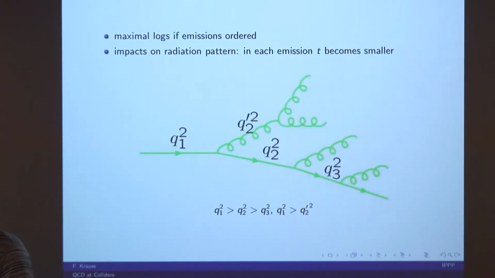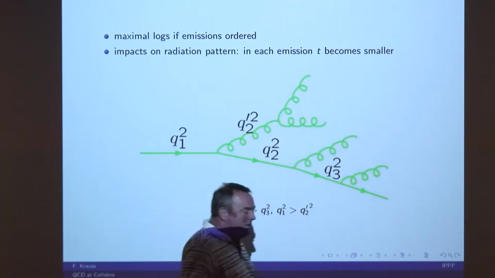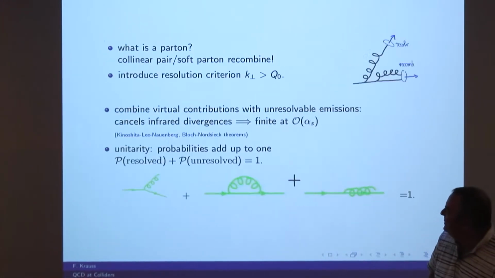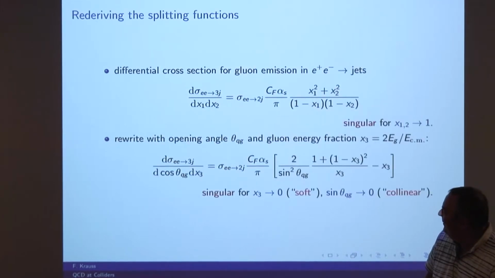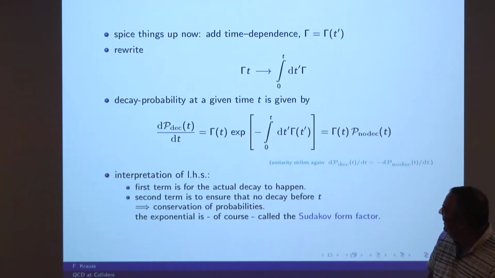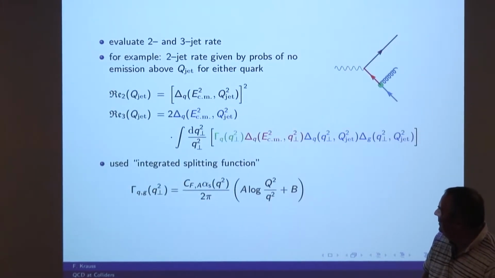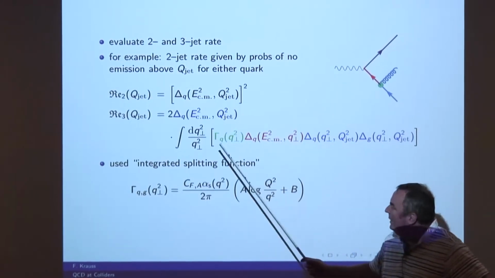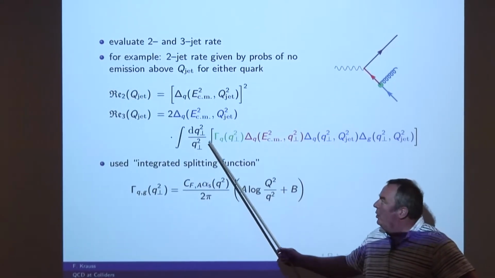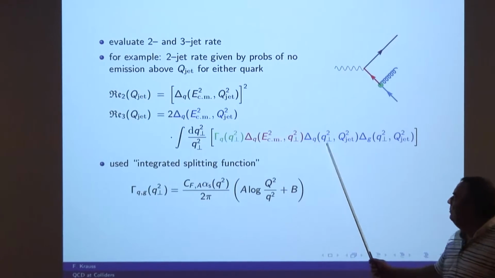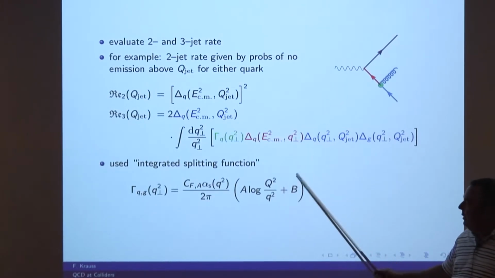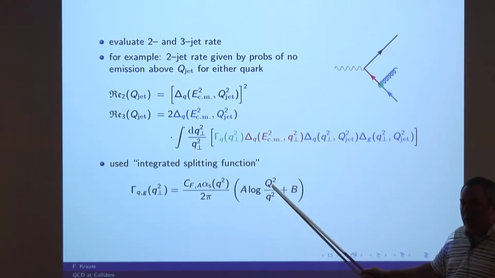Yeah? It is because, when you let us go back to this. So the trick is the following: you do this d k perp squared, and this k perp squared here enters as a log.